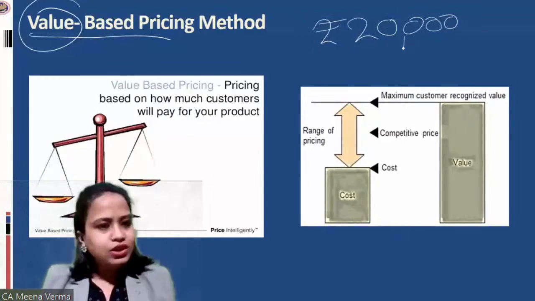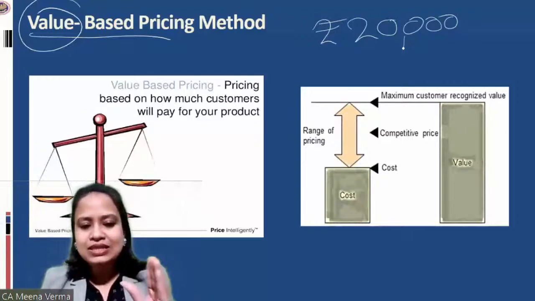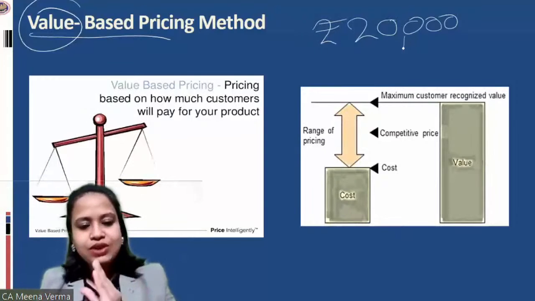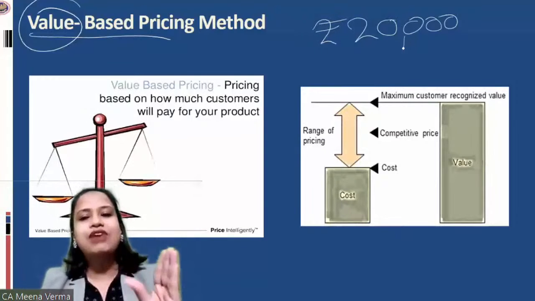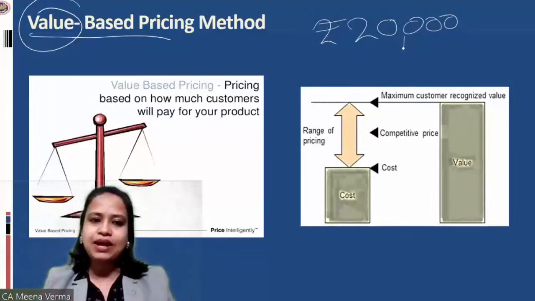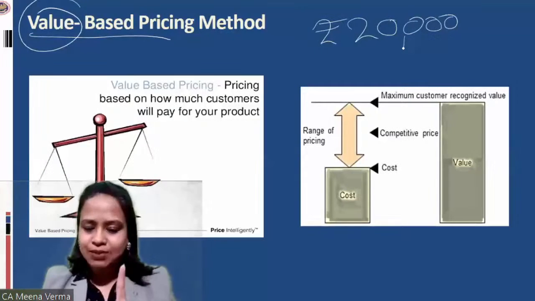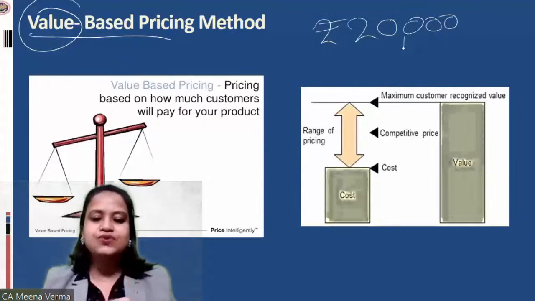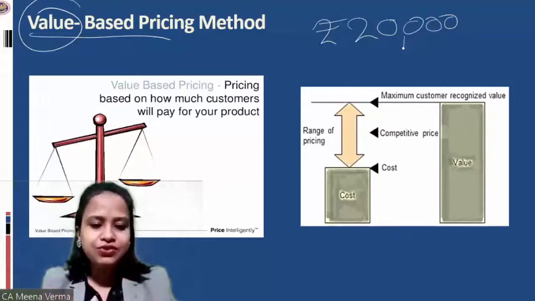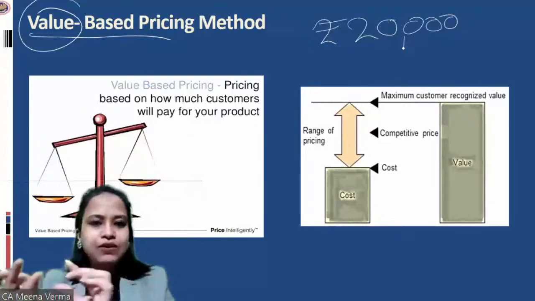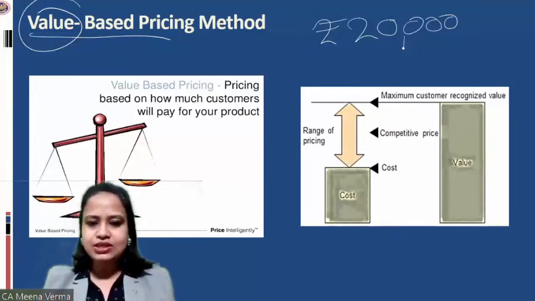So I will not consider that. Value means something for which the customer is willing to pay, and considering that value, I will decide the selling price of the product or services which I want to sell in the market, by considering the value my product is giving to the customer.